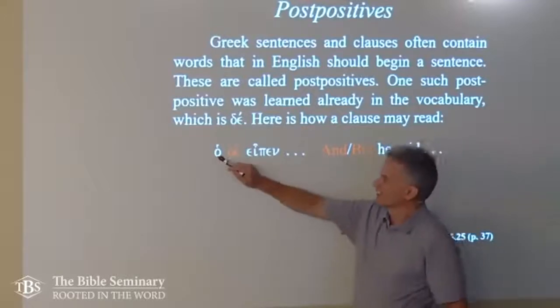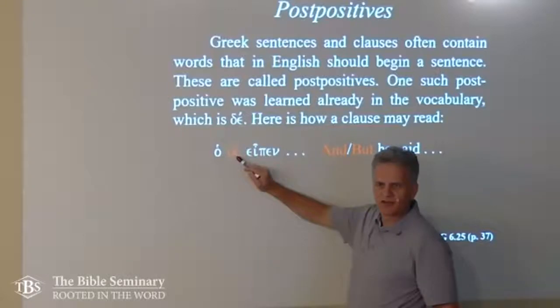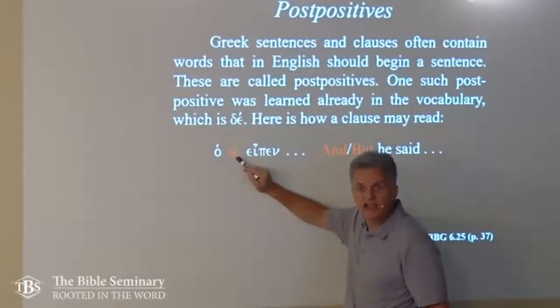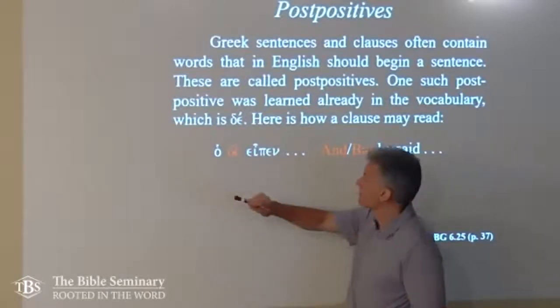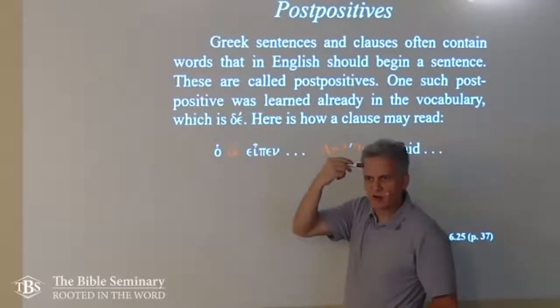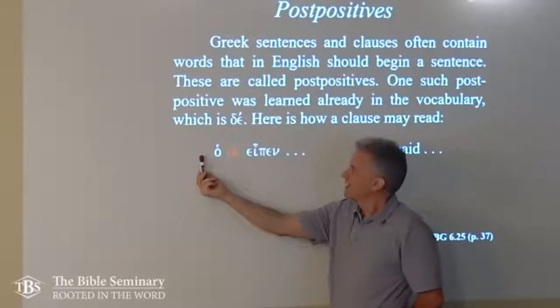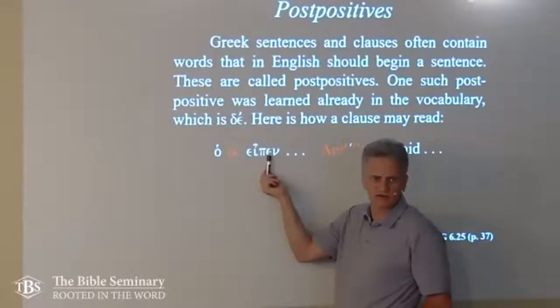What's the article here? Ho. And then this is, do you remember what that is grammatically? Conjunction. In English, where does the conjunction go in a clause? Well, in the middle of a complex sentence, but in its own clause, it goes at the beginning. Yeah, it introduces the clause. So in English, you have to transpose. The de goes here. It's postpositive. So "and" or "but," now we have to have a subject because that's the verb said. What's our subject?